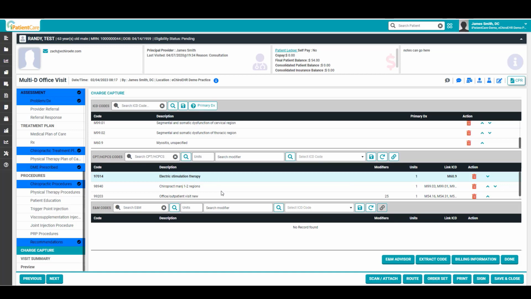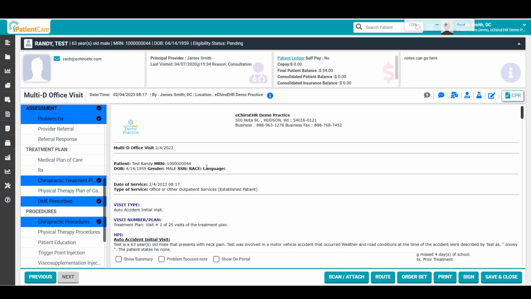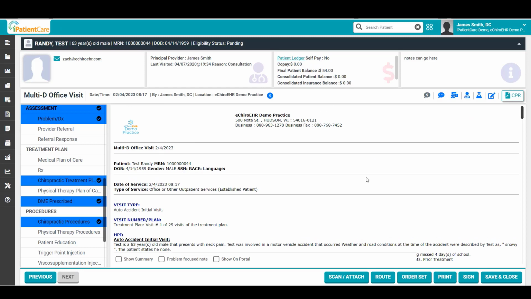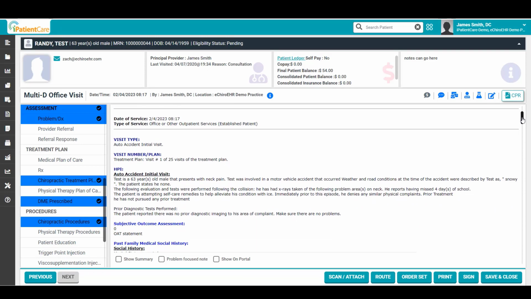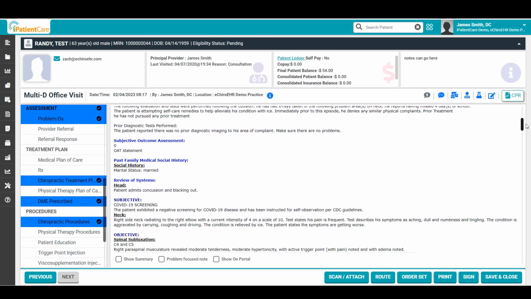And so let's take a quick preview of the note. So coming down below charge capture, we have a preview section. We will select that. And now we can preview the note to see how it looks before we sign the note. And as we've mentioned, you can see the dark blue section, visit type, visit number, HPI, subjective outcome, assessment, past family medical social history.